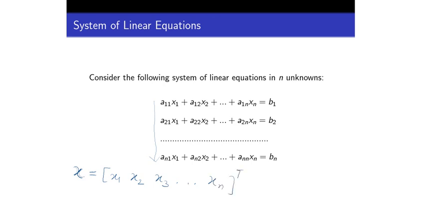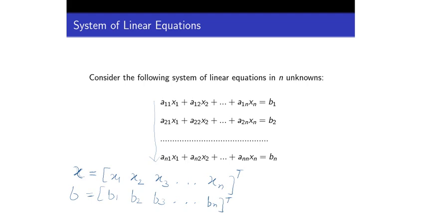Here the superscript T denotes the transpose of this vector, so it is an n cross 1 vector. Similarly, the vector B is B1, B2, B3, and so on up to Bn, transpose.